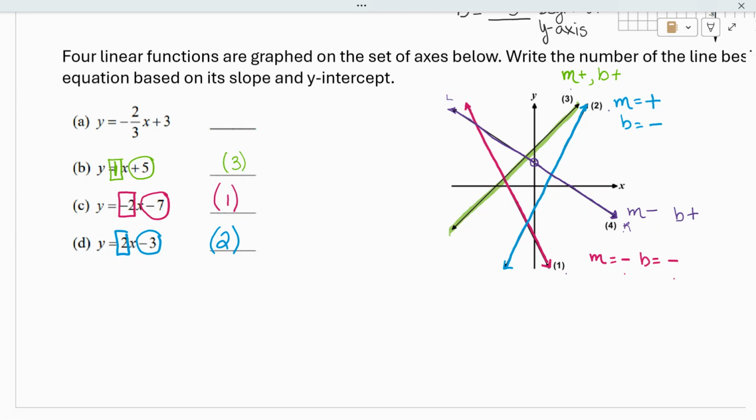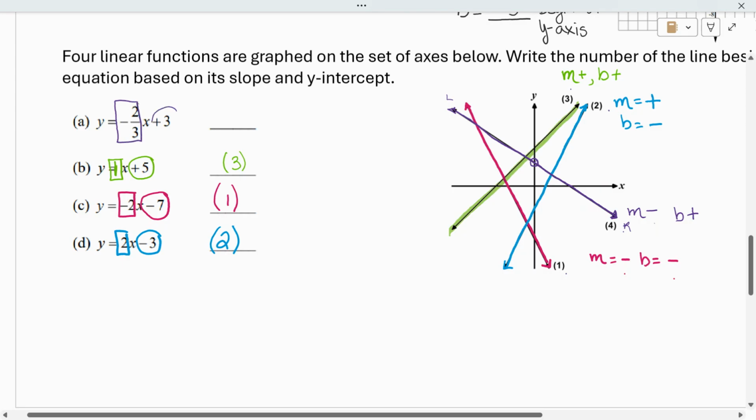My last one, by process of elimination, has to be letter A. So let's just verify. Does equation A have negative slope and positive y-intercept? Yes, it does. Negative slope and a positive y-intercept. What do you think about that?